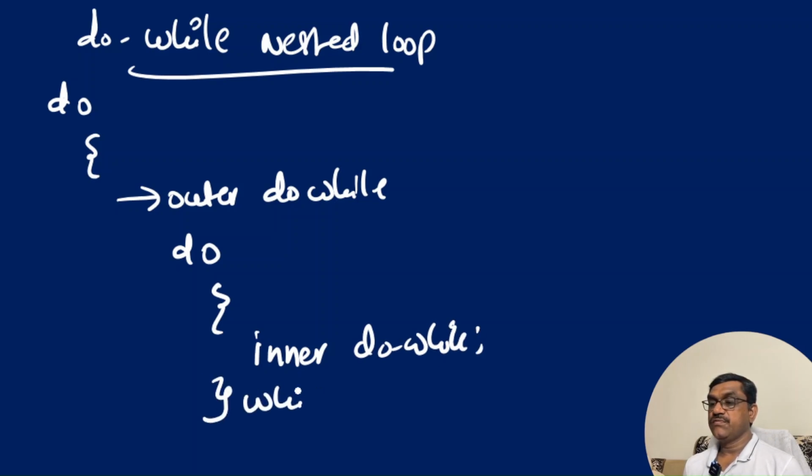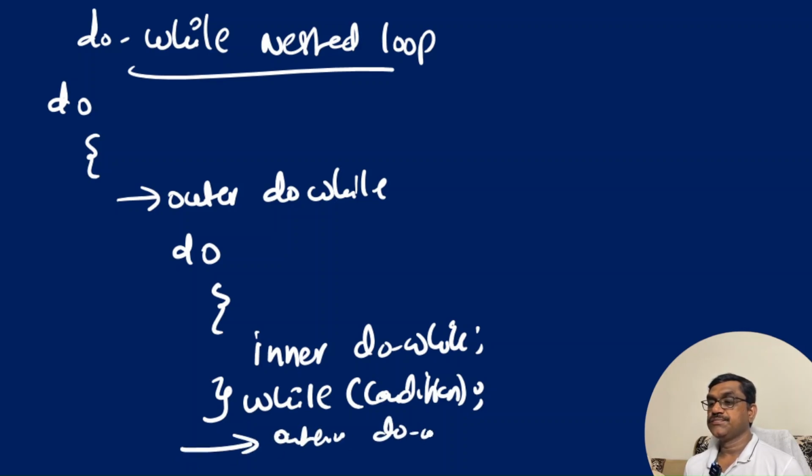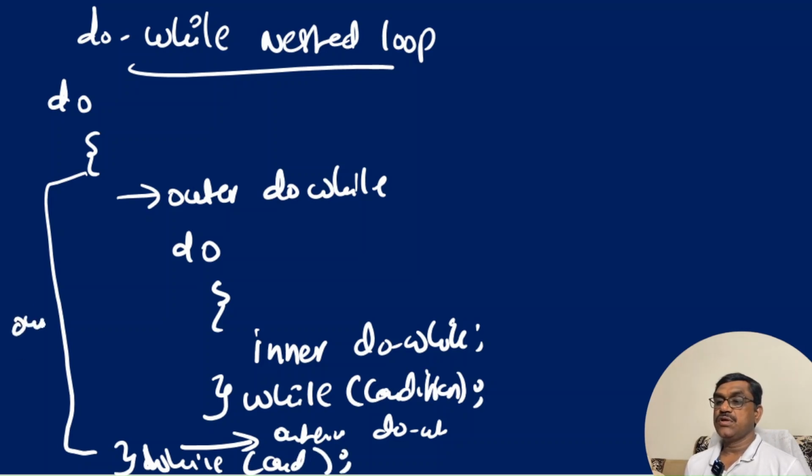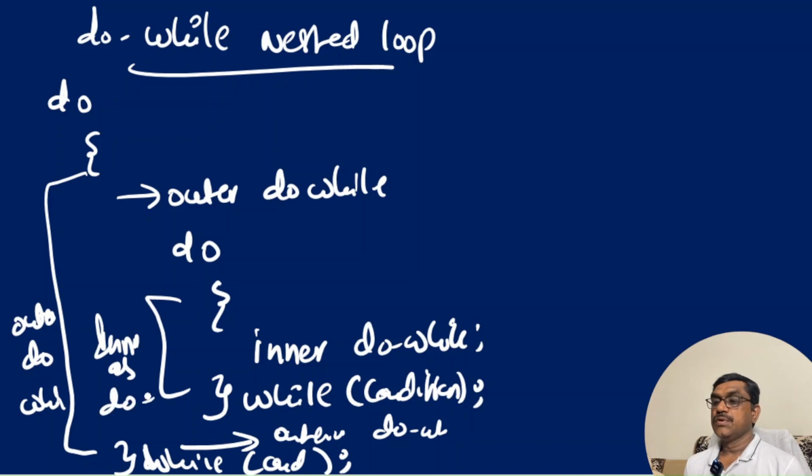You know, do ends with the while condition, and you have to write a semicolon. This area also belongs to outer do while. Now here I am writing the closing brace, and after it you have to write again while condition, semicolon. So this is outer do while, and this we call the inner do while. So this is about how to write the nested for, nested while, and nested do while.